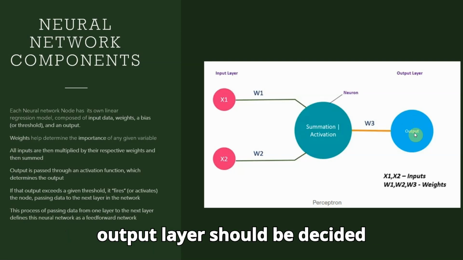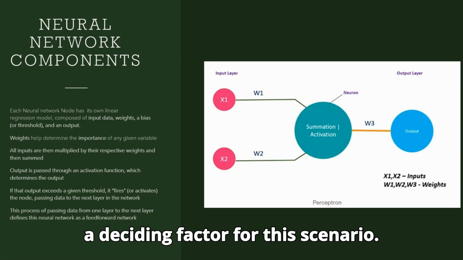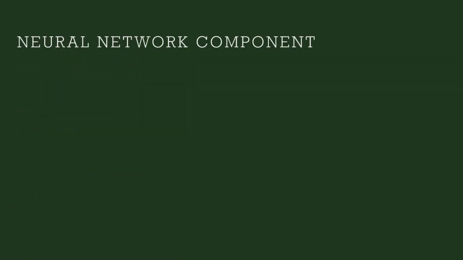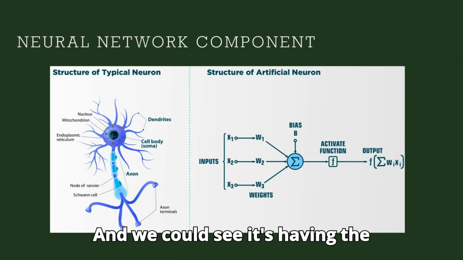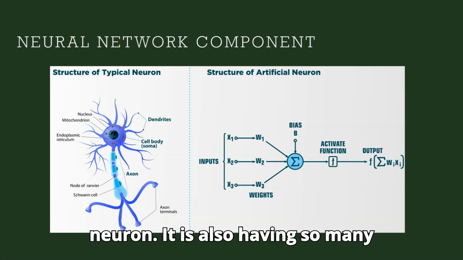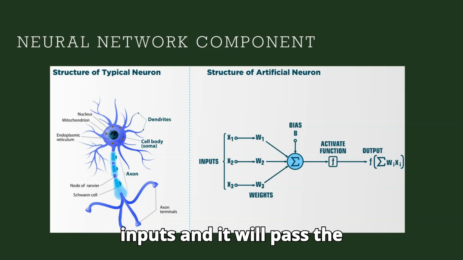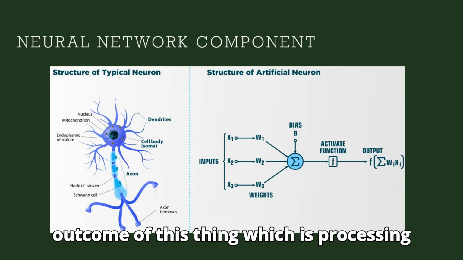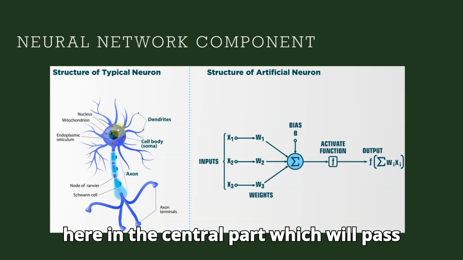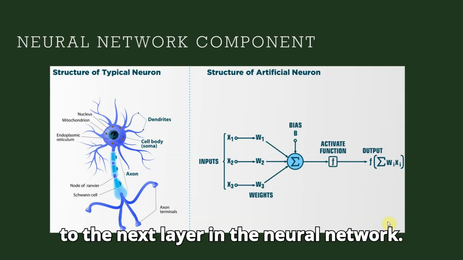It has a mechanism similar to our biological neuron, which receives many signals as inputs, processes them in the central part, and passes the outcome to the next layer.